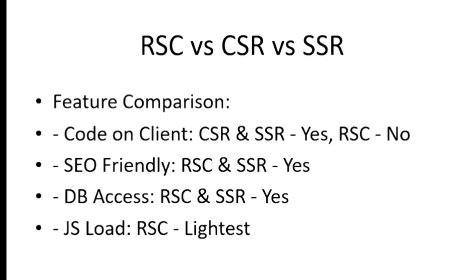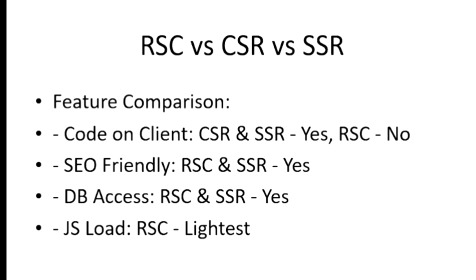So we saw that in CSR everything is loaded on the browser, so it's very slow. But in SSR, the page is rendered on the server, but still it is hydrated on the client. So there is still JavaScript there. But in RSC, that means React Server Components are server only. No hydration is required, no JS bundle is sent.